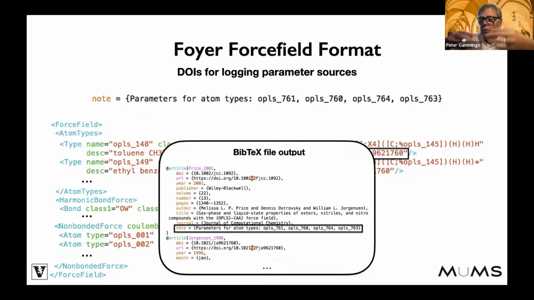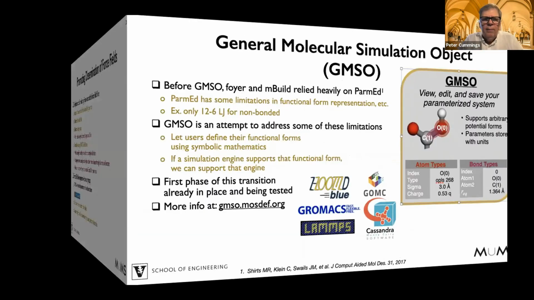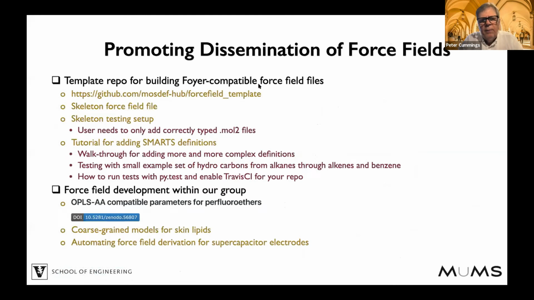It then compares those two, and you're left with one possible thing it can be, and that gives you the parameters for that particular atom. There's a lot of information on how to develop these FOIA compatible force field files, with tutorials and so on.